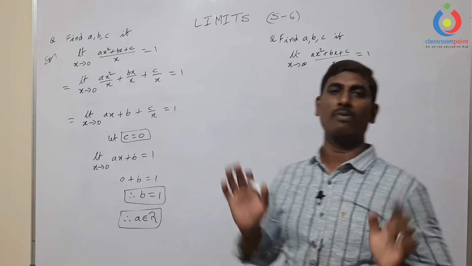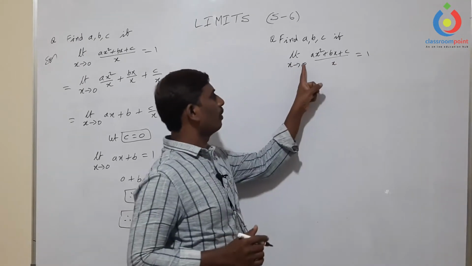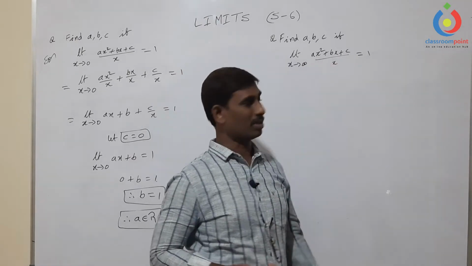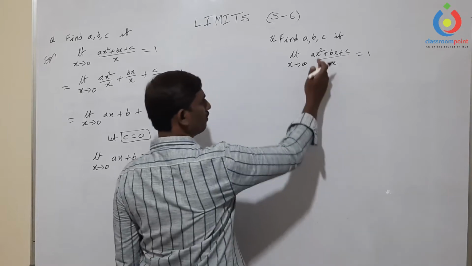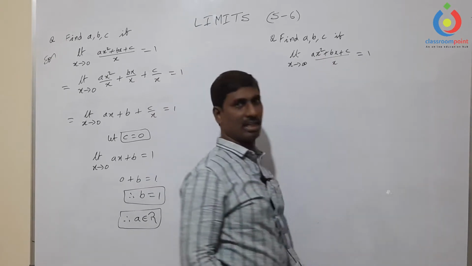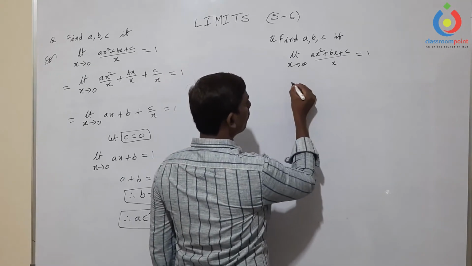Then how to simplify? See here also. Check in the place of x apply infinity, then what is the value we get? That is also infinity only. Why? Because numerator degree is greater than the denominator degree. That's why we get infinity always. So now here we will do one thing.